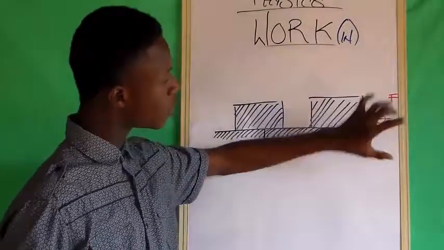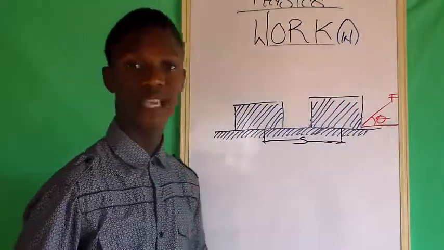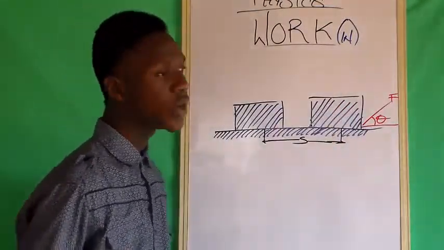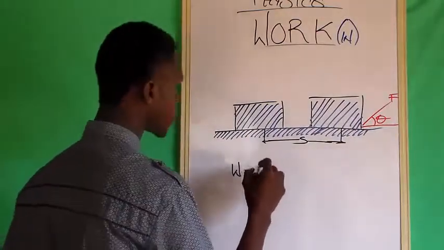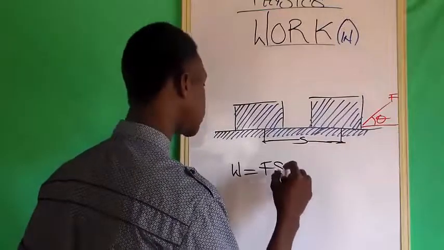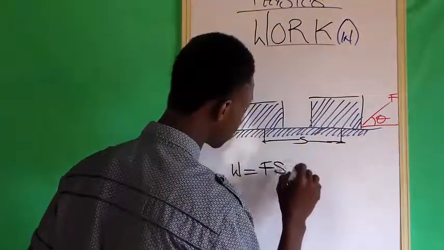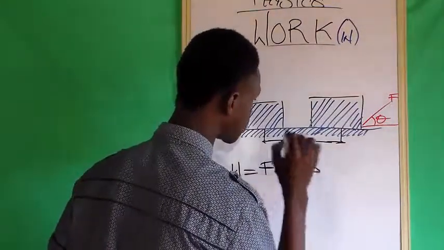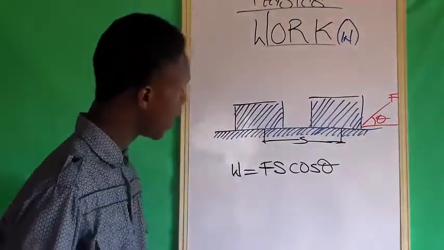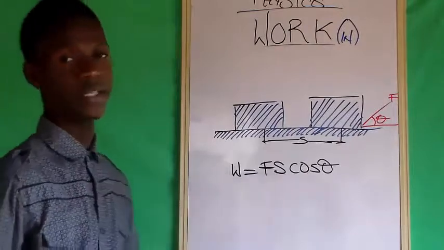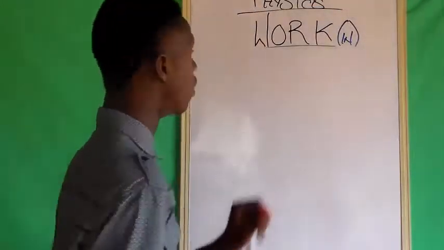Whenever we have our force inclined at an angle, we resolve the formula to be work is equal to force multiplied by distance multiplied by cos theta. And now we resolve a formula to this.